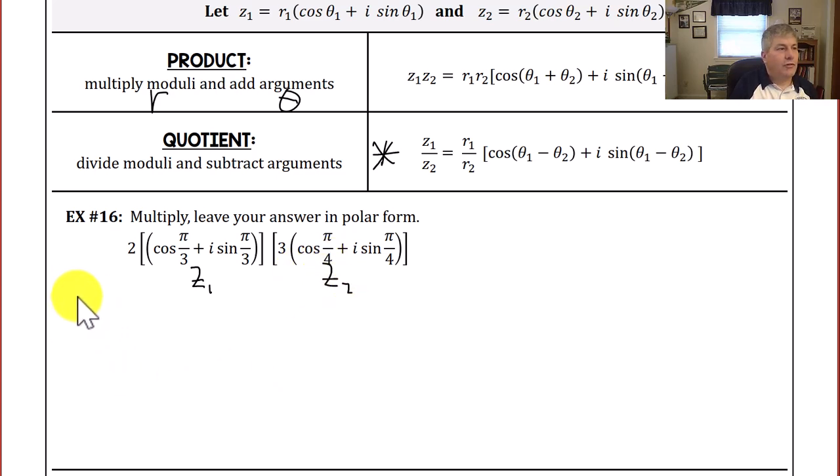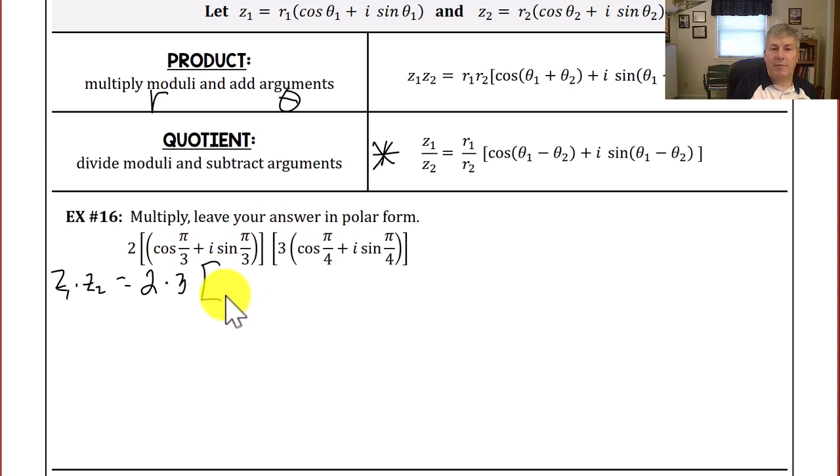So multiplying, we're going to do z1 times z2. I'm just going to show it this way: z1 times z2 equals 2 times 3. We multiply our r's, and then we add our thetas.